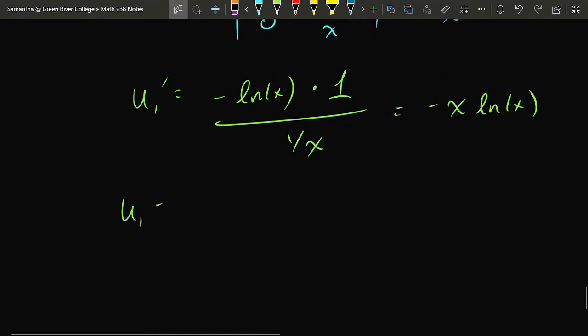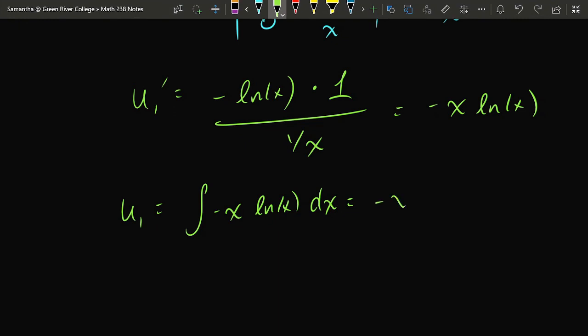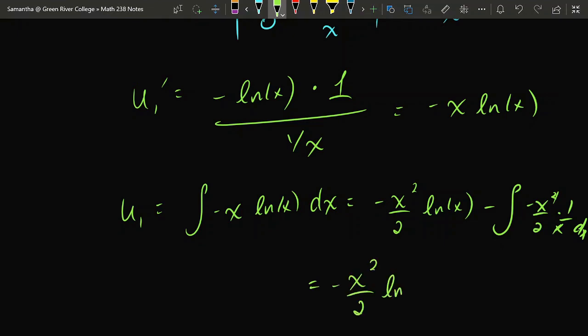Now to integrate this, one would need to do integration by parts, which I think is going to give us negative x squared over 2 natural log of x minus the integral of negative x squared over 2 times 1 over x, which simplifies, it looks like negative x squared over 2 times the natural log of x plus x squared over 4.